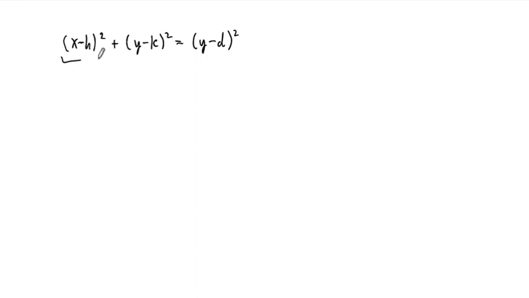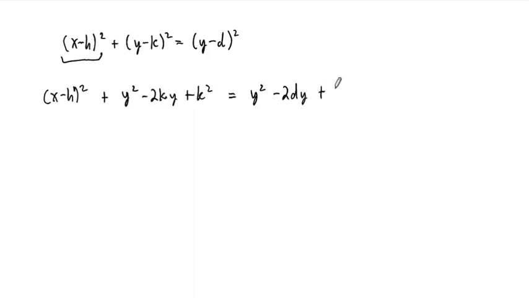We can leave this one the way it is, but we'd like to solve for y if possible. So we'll leave this as (x minus h) squared, and then this one becomes y squared minus 2ky plus k squared, and on this side it's y squared minus 2dy plus d squared.